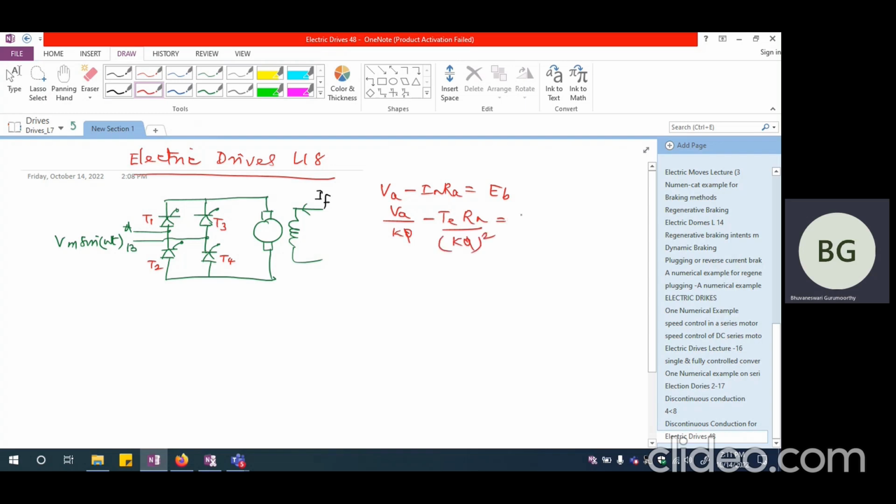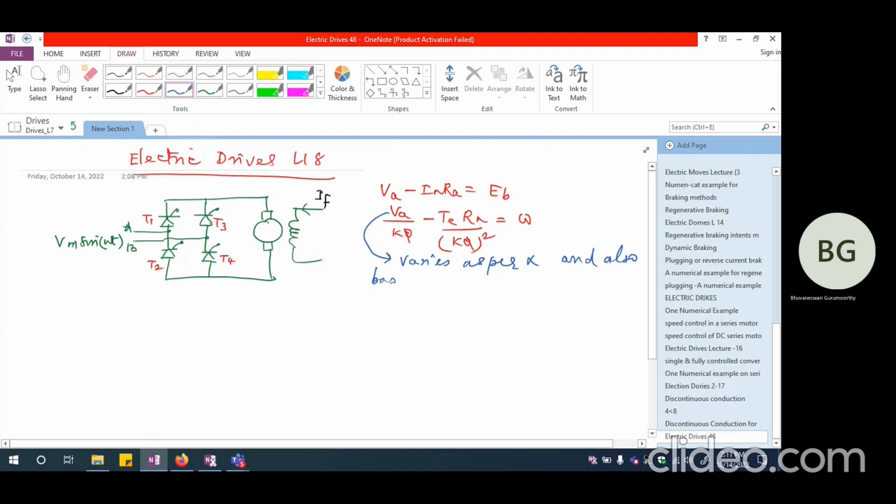And we said that this expression for VA varies as per alpha and also based on continuous or discontinuous conduction.